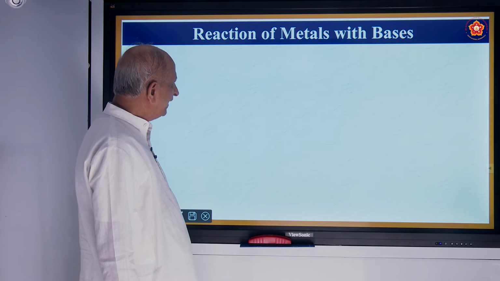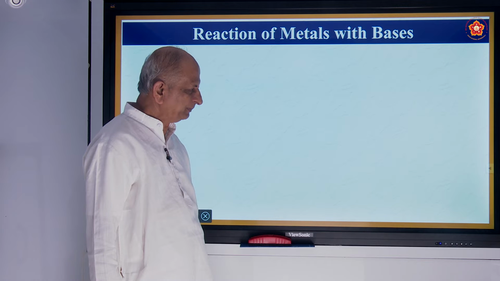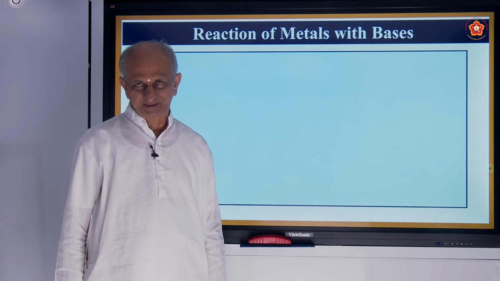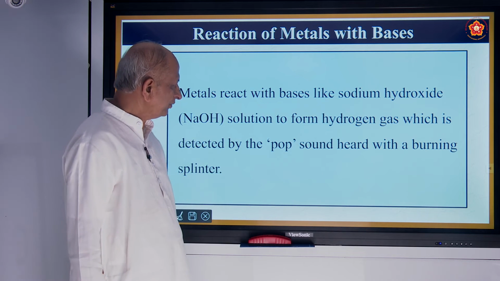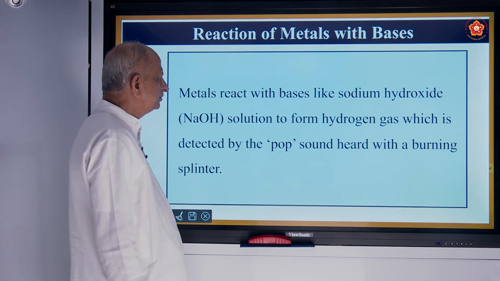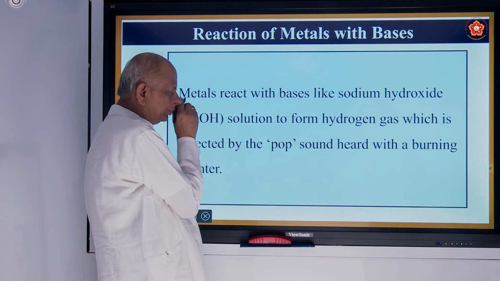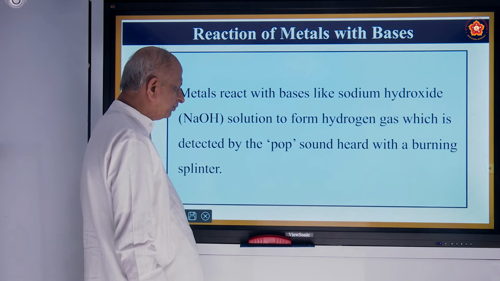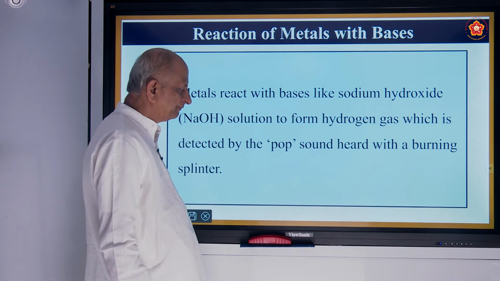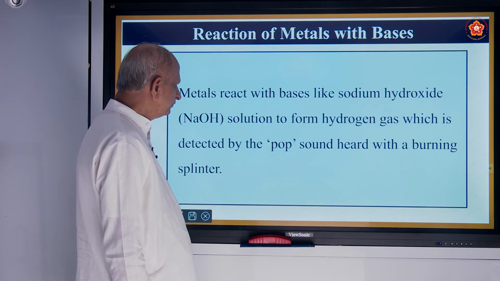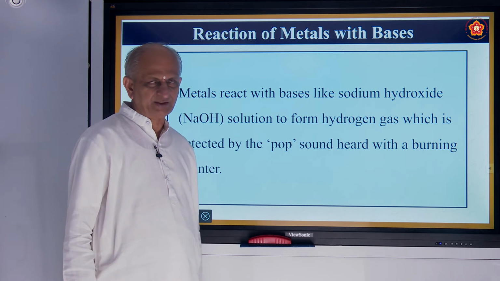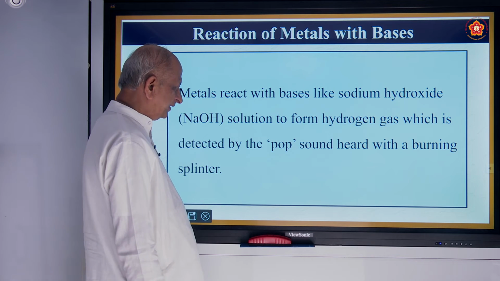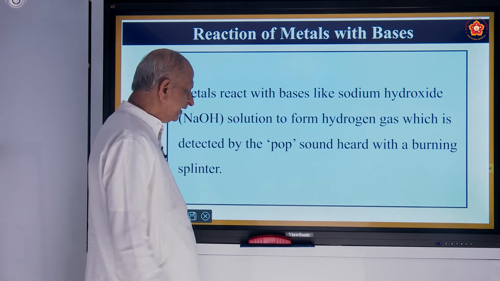And what about bases? When metals react with bases, what are bases? Metallic oxides are called bases. So when, for example, metals react with bases like sodium hydroxide solution, they form hydrogen gas, which is detected by the pop sound heard with a burning splinter. Some of the metals react with sodium hydroxide, some react with potassium hydroxide, some react with calcium hydroxide, and what do you get?